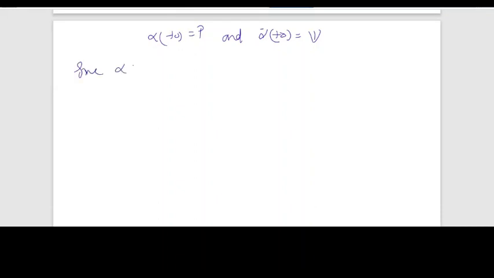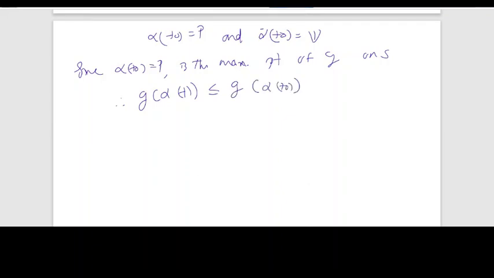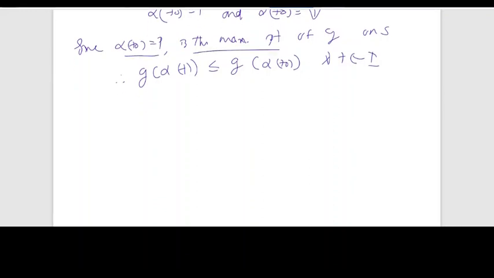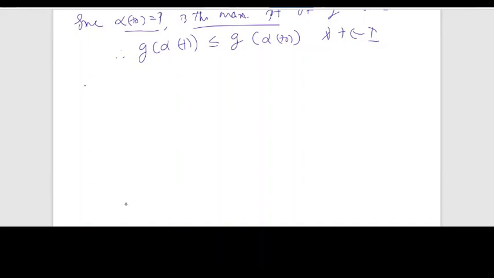Now since alpha of t naught equals p, which is the maximum point of g on S, therefore g of alpha of t is less than or equal to g of alpha of t naught for all t in I. So this implies t naught is the maximum point of g composed with alpha.